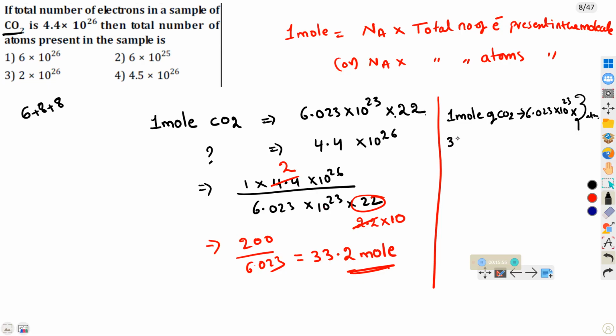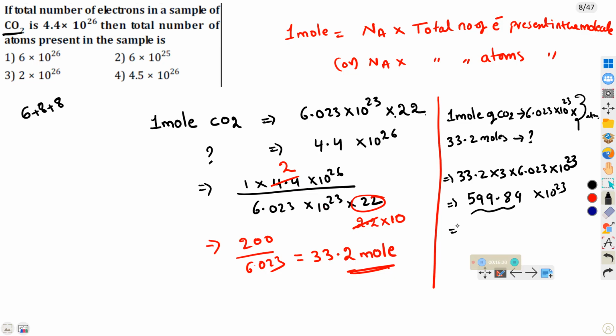Then 33.2 moles of CO2 contains how many atoms? 33.2 into 3 into 6.023 into 10 power 23. Simplify, you will get 599.89 into 10 power 23. This is nearly equal to 600 into 10 power 23. It can be written as 6 into 10 power 25. So the second option is correct.